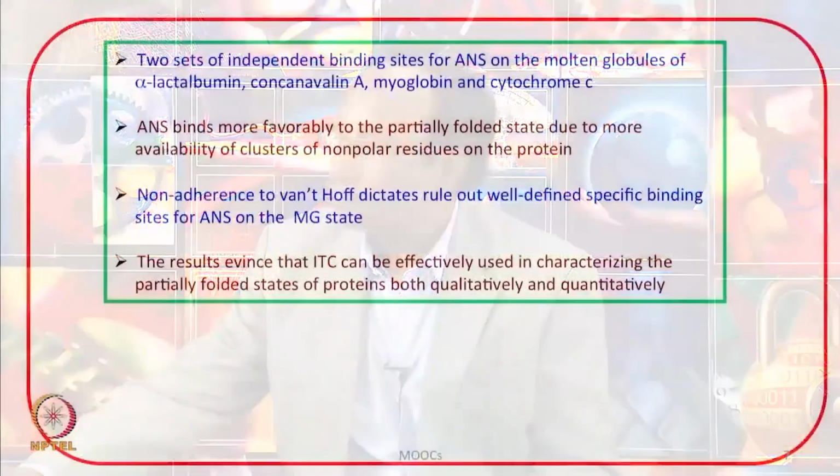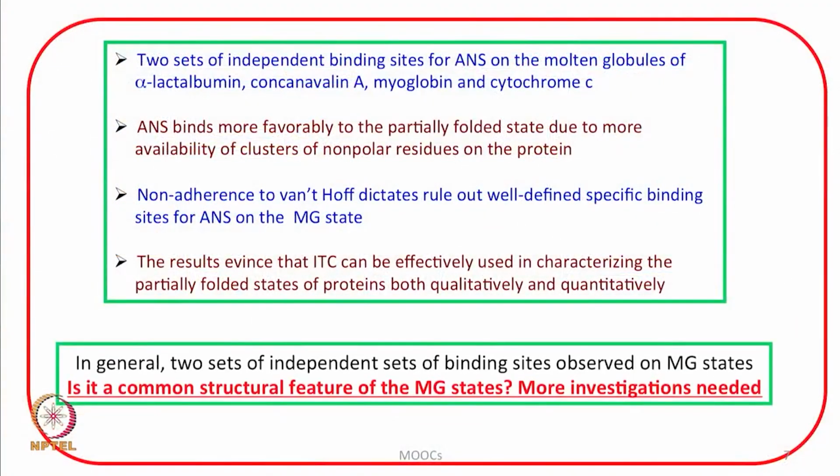Now, what general conclusions can be drawn from this kind of studies? Let us take a look at the slide. The examples that I presented in this lecture suggest that in general there are two sets of independent binding sites observed on the MG state.